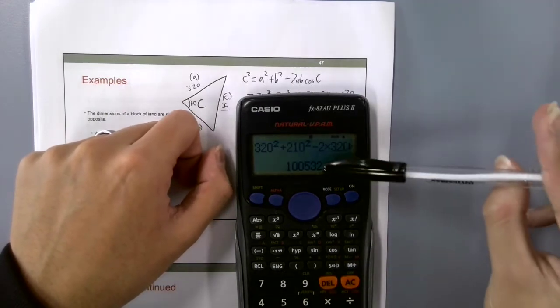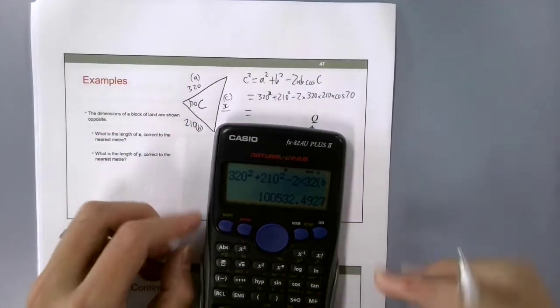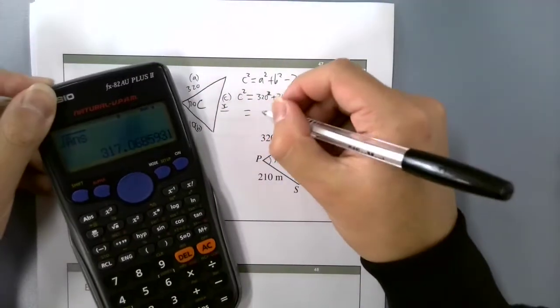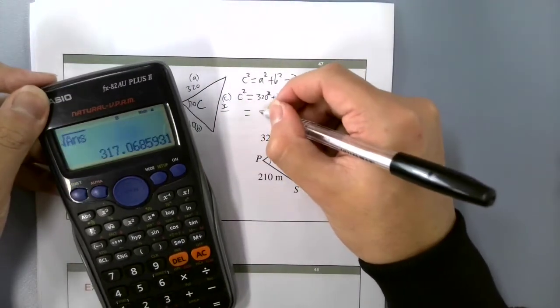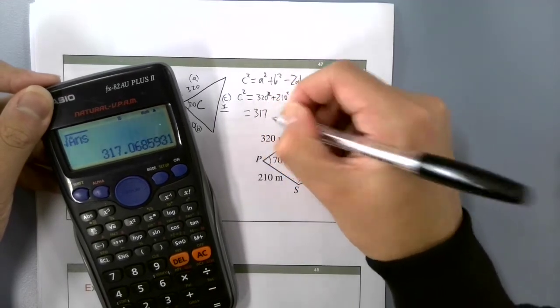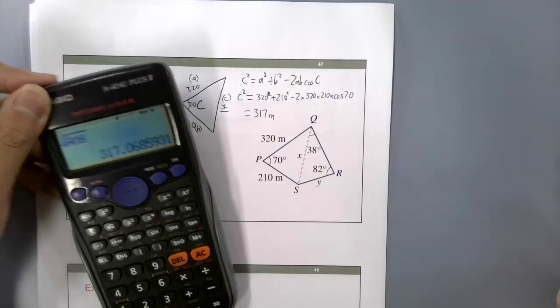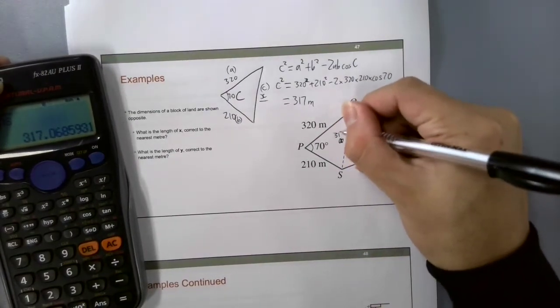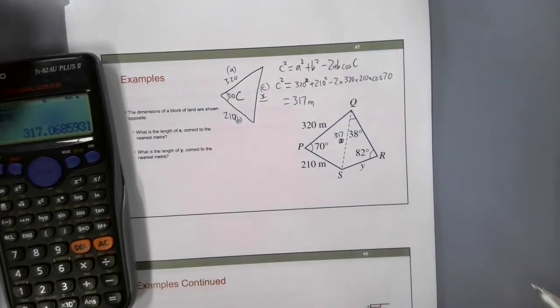One thing I will remember is that this equals c squared. So to find the letter by itself, I'm just going to square root both sides, and I end up with 317 to the nearest meter. Now, as soon as I've done that, I'm going to add that into my diagram, because that will help us find our next problem.